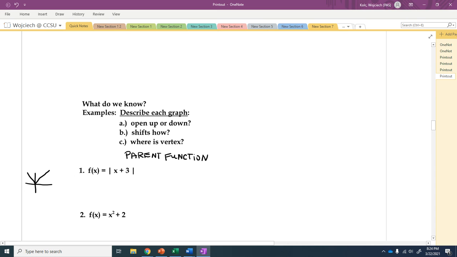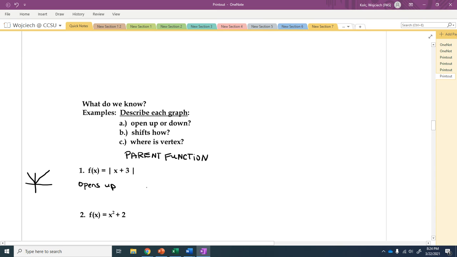Okay, so first question, opens up or down? This means opens up. And how do I know this? In this case, this number is positive. There's like a positive 1. So first, opens up. Now shifting. This is like x plus h, x plus 3.